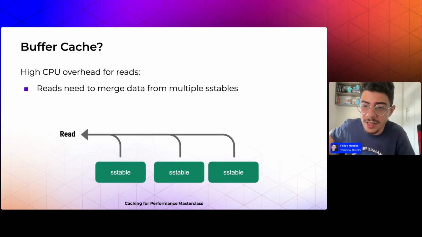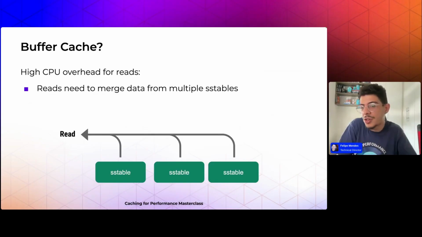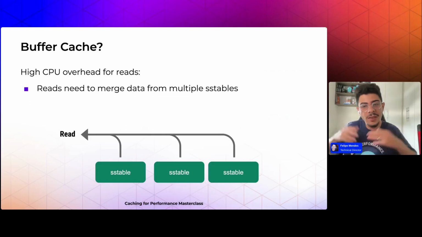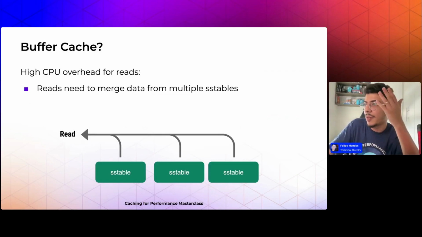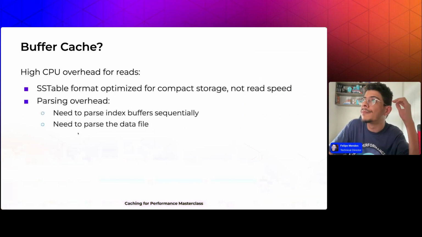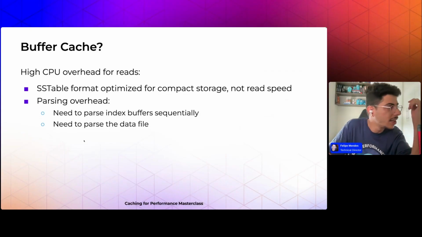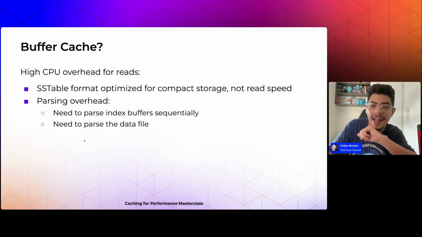In other words, the data stored on disk follows a different format than the one we use to service clients, and caching their contents further reduces the effective memory you have available, which introduces parsing overhead.